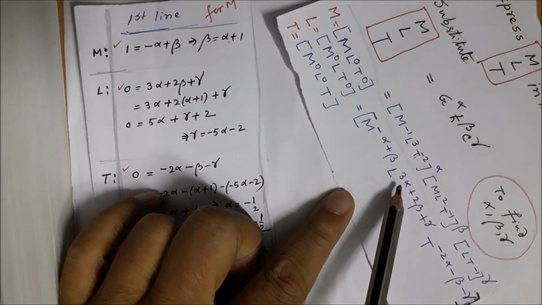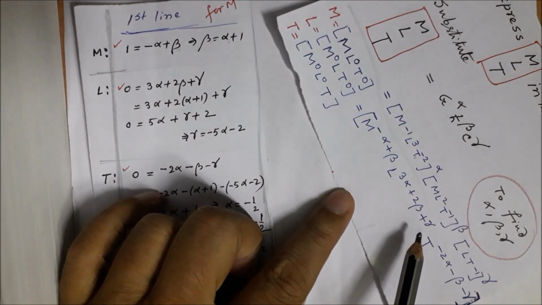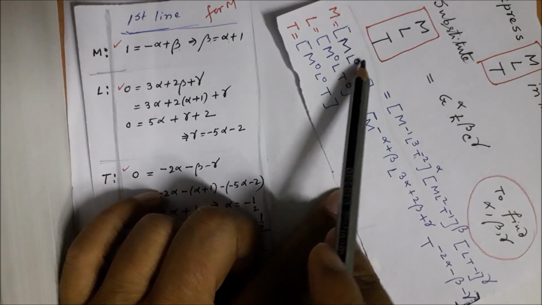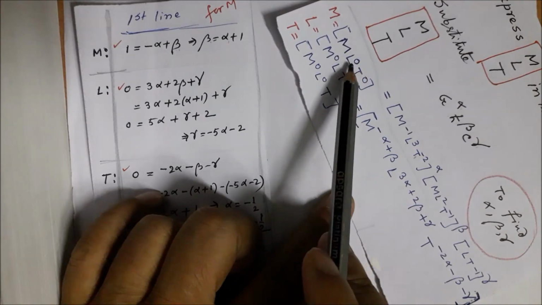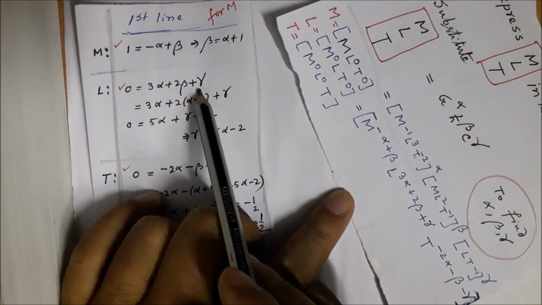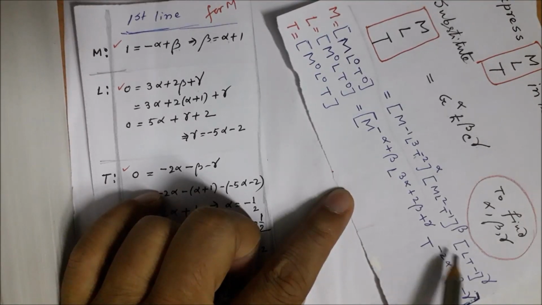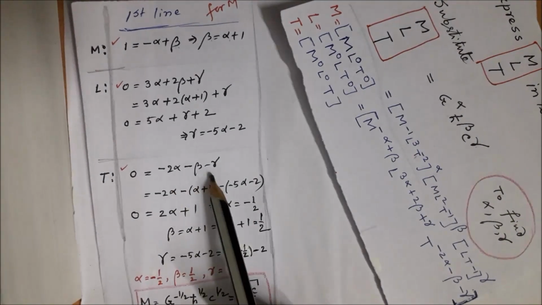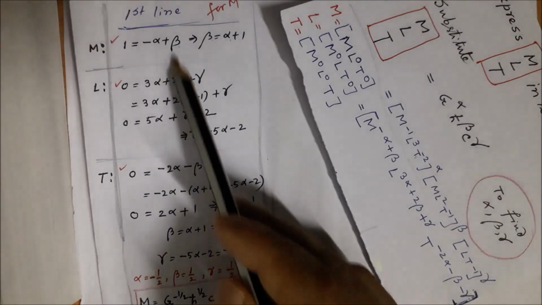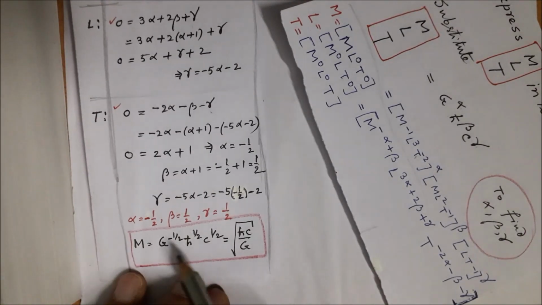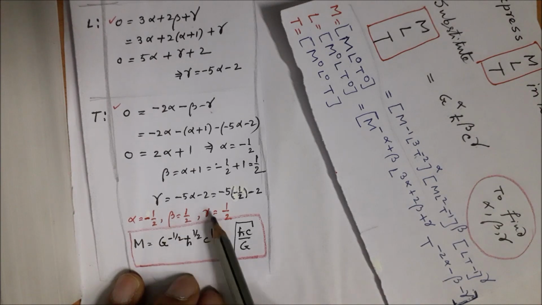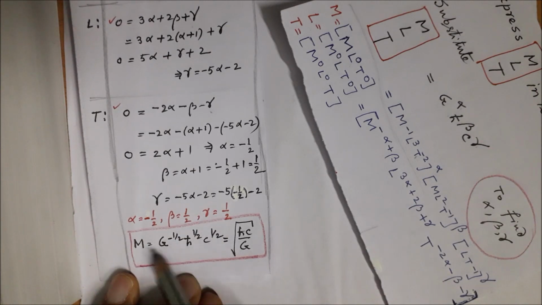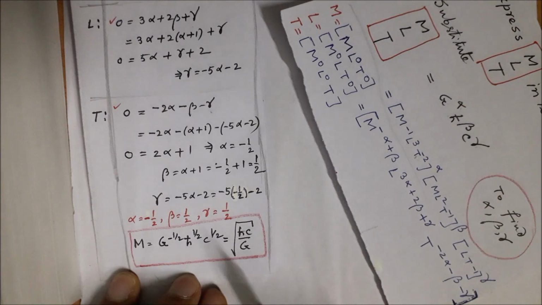Next, L to the power 3 alpha plus 2 beta plus gamma is to be equated to 0, which occurs as a power of L, and therefore we have the second equation. And similarly, T raised to this power should be equated to 0, therefore we get the third equation. Now these three equations can be easily solved, and we find the values of alpha, beta and gamma to end up with this value of m. So the value of m is under root h cross c divided by capital G.